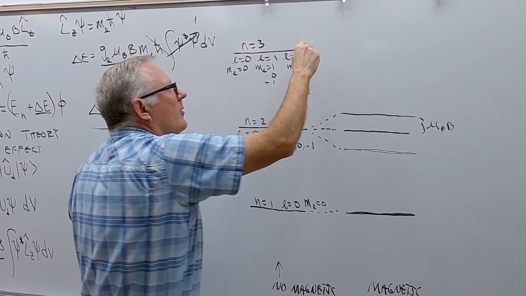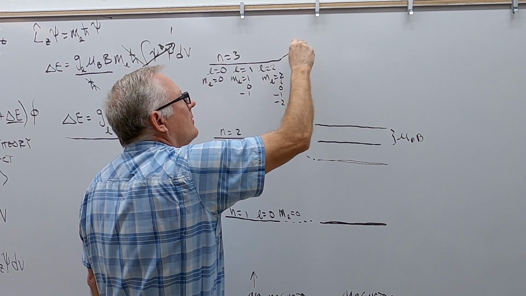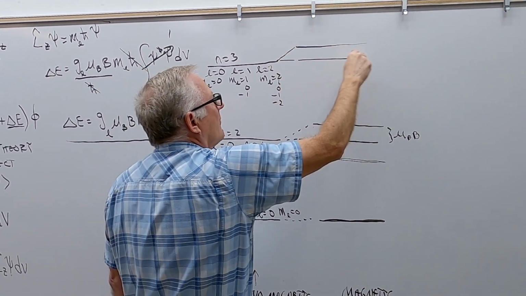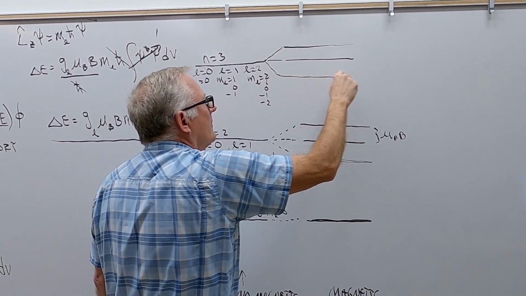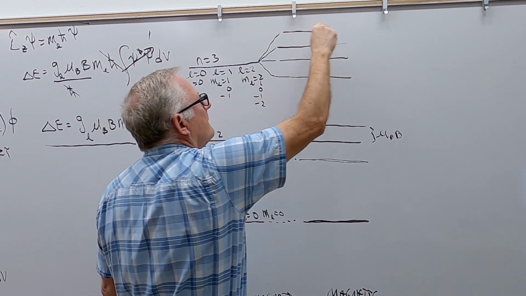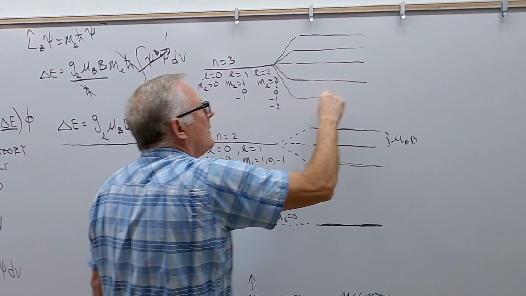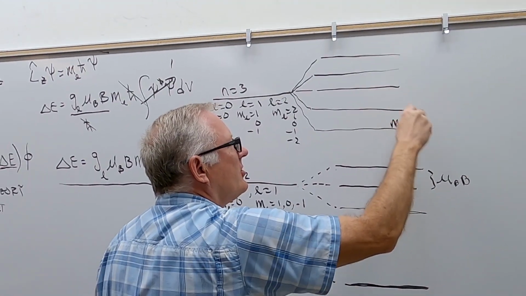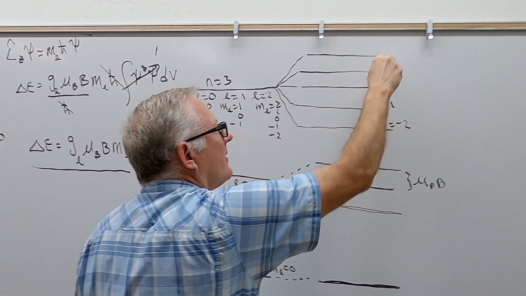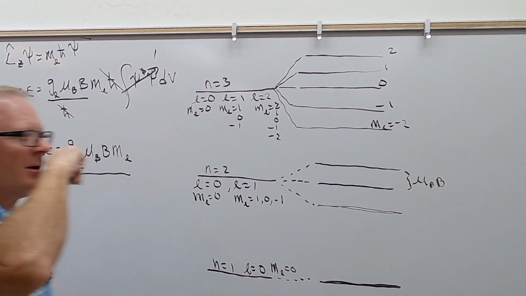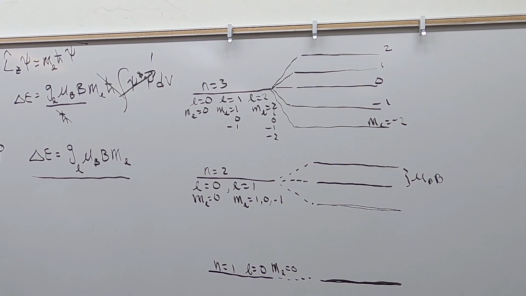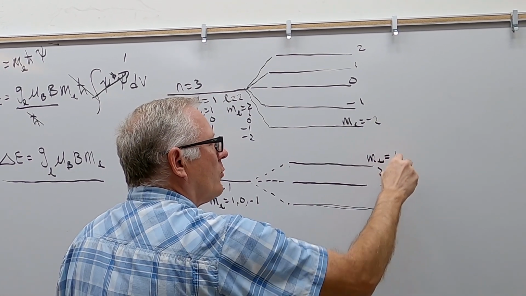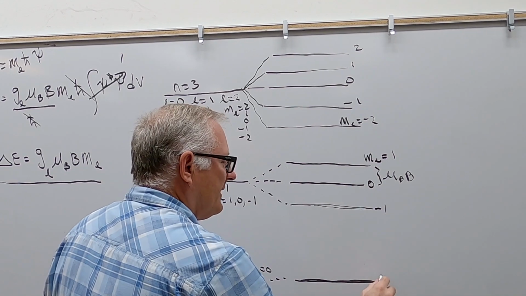So really, this is going to split into 5 of them, all of them right here. This is the case where m sub L equals minus 2, minus 1, 0, 1, 2. And this is the case m sub L equals 1, 0, minus 1, and this one's only 0.